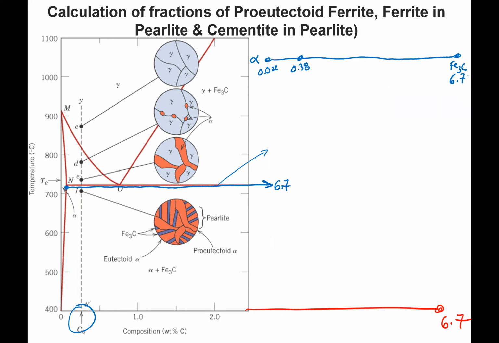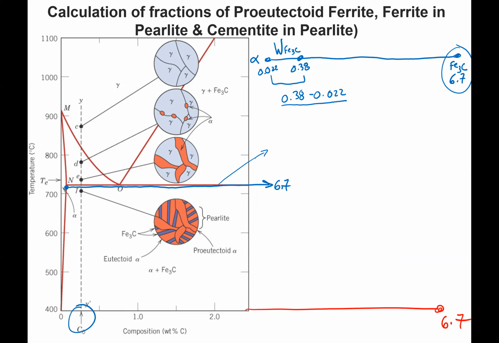Let's label what we know. If the cementite is over here on the right side, then by the inverse lever rule, the weight fraction of cementite is this over here on the left side, so that would be this fractional distance. Let's put the numbers in: this is 0.38 minus 0.022.